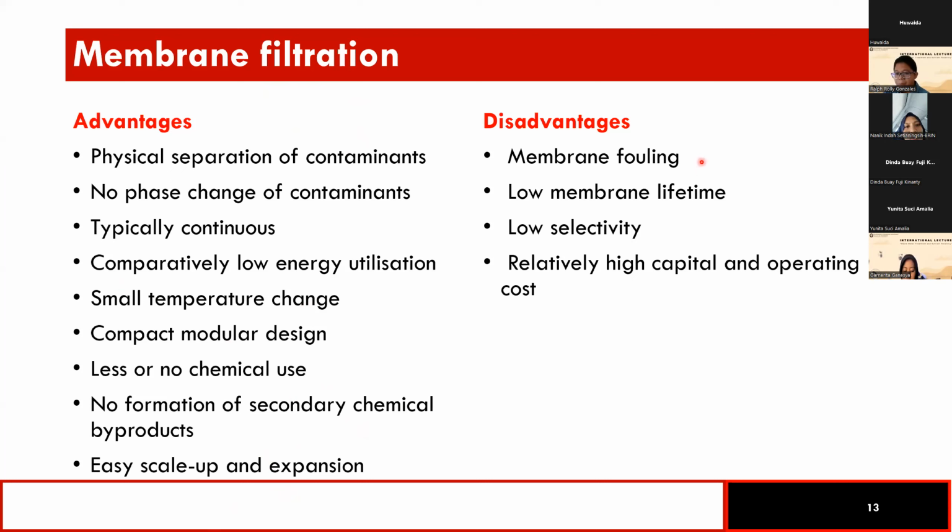And these include membrane fouling, low membrane lifetime, low selectivity, and relatively high capital and operating costs. These are the reasons why, until now, membrane filtration is still in development. So we are not able to develop a perfect and a totally sustainable and widely applied membrane process. But we'll talk on that later.